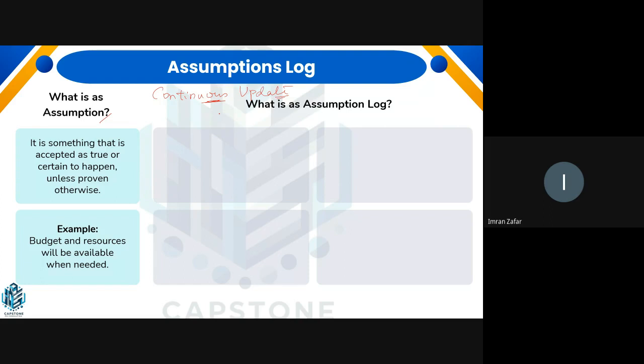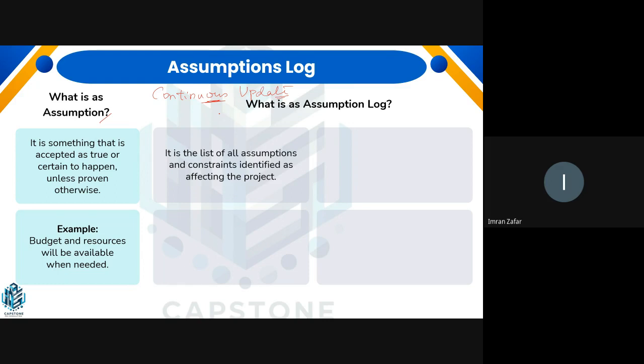So if we are planning for a phase and we have some assumptions, obviously we need to update our assumption log, and we need to keep reviewing whether our assumptions are still true, or whether something contrary happened. So this is what the assumption log is about, and we need to continuously keep updating it as we move along with our project. So what is an assumption log?